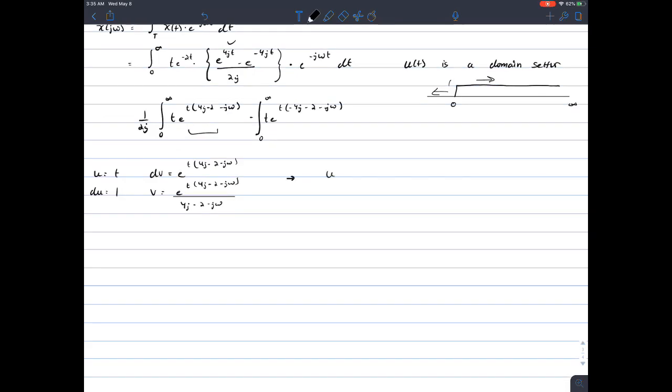And we know the formula for this is uv minus the integral of v du.